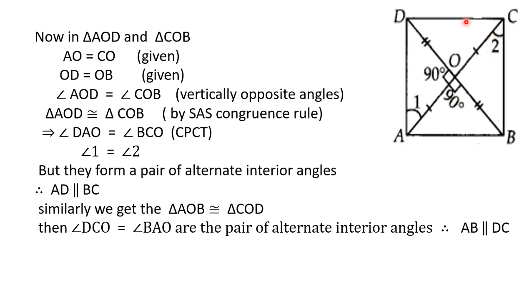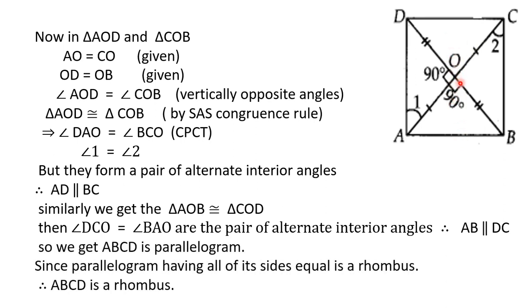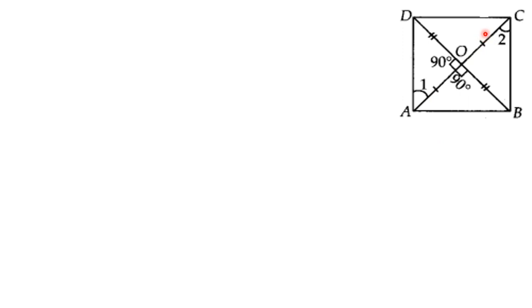Again, if we take triangle AOB and triangle COD and prove these two triangles are congruent, then again we get angle DCO is equal to angle BAO. That means this angle and this angle are equal.